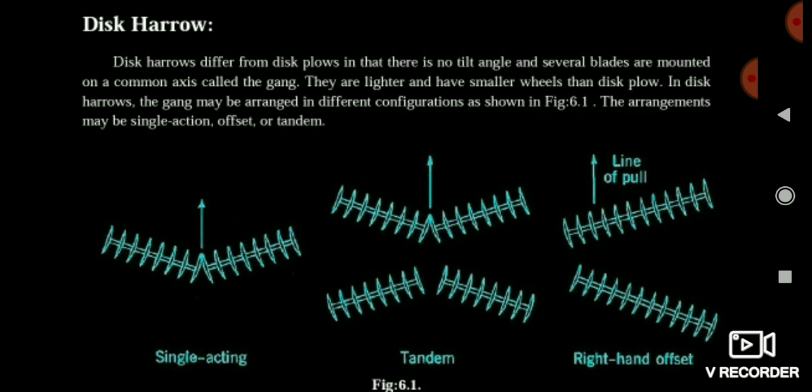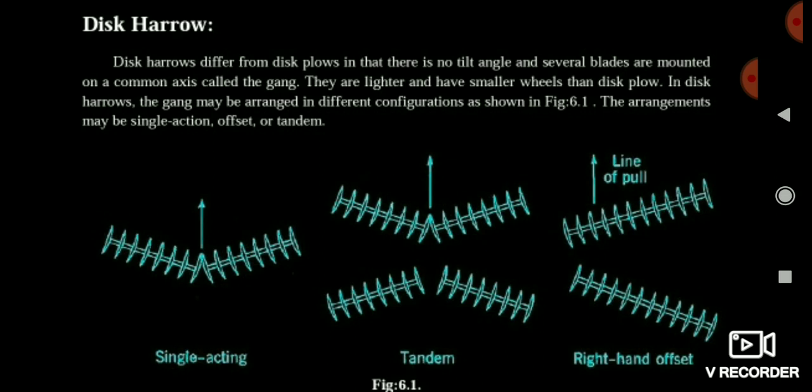And friends, disc harrow is different from the disc plow. Don't be confused between the disc harrow and disc plow. Because in disc harrow there is no tilt angle, no disc angle. Means these things are not present. And there are many plates present on a common axis.